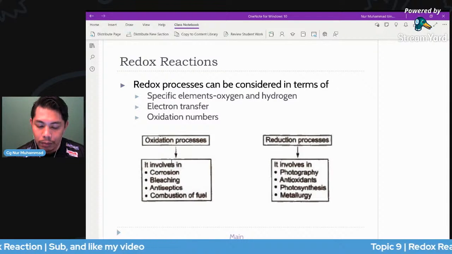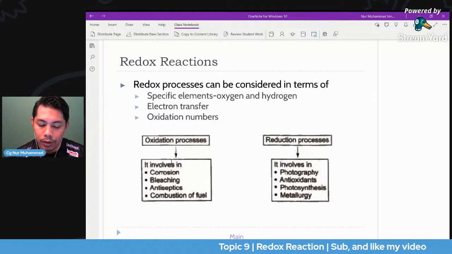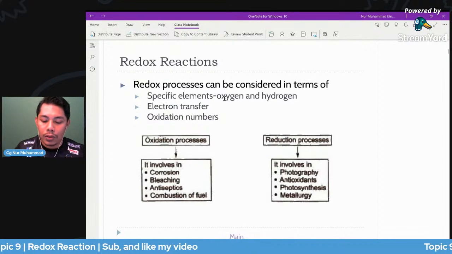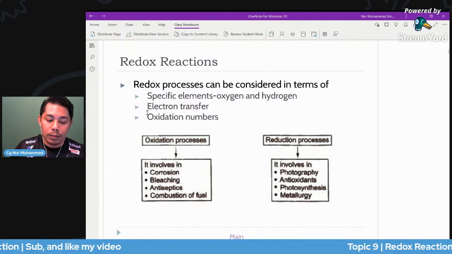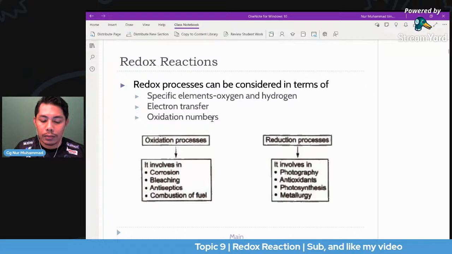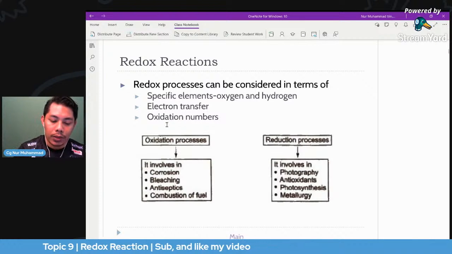Okay, but how to identify this is redox reaction? Based on a few elements. First, based on amount of oxygen and hydrogen. Second, based on electron transfer, and third from the oxidation numbers. Oxidation numbers kat sini adalah numbers of charge lah.